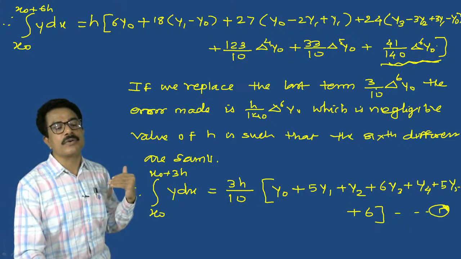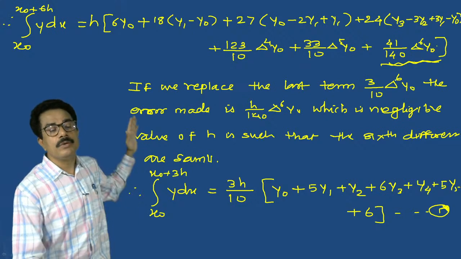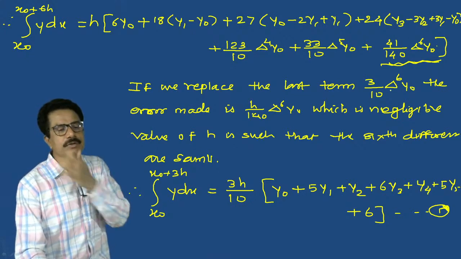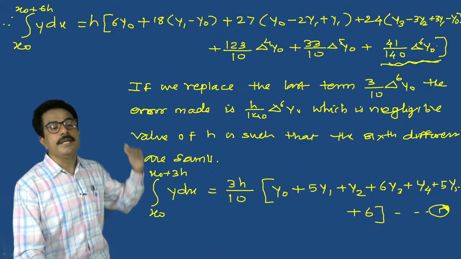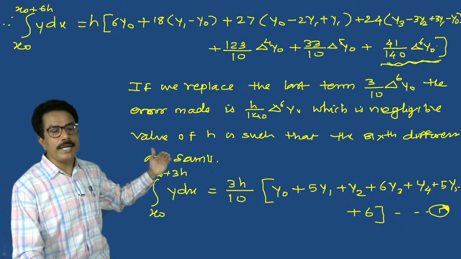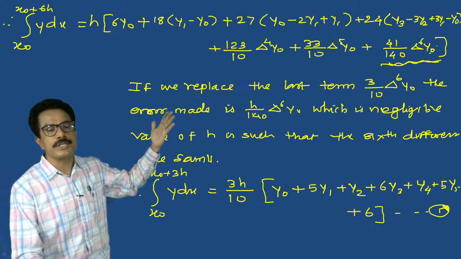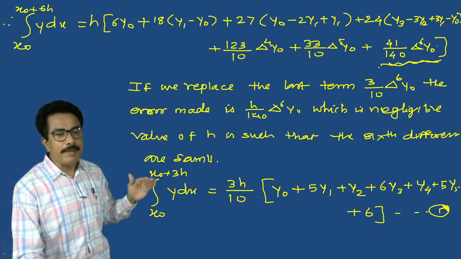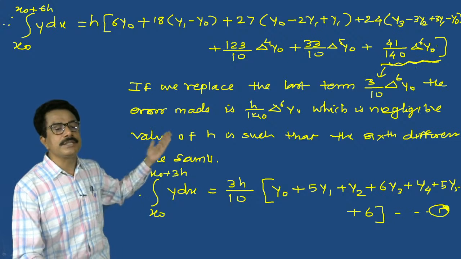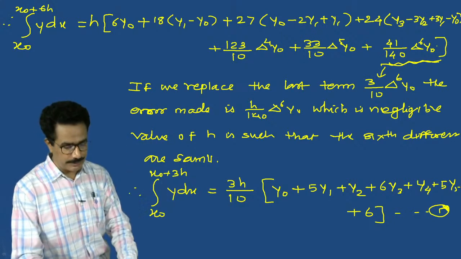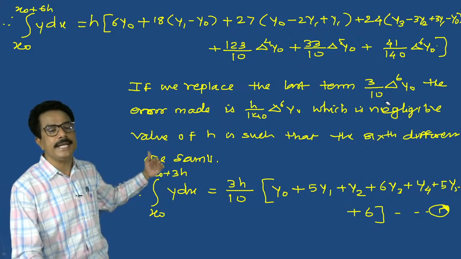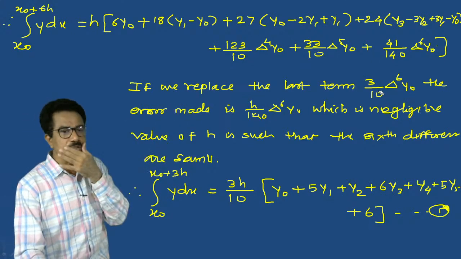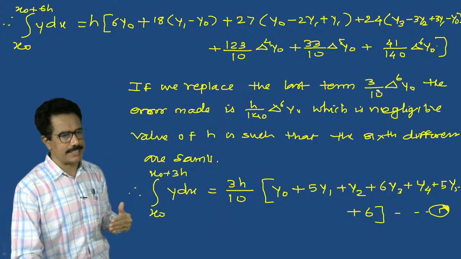Then we can take the common 3h by 10. ओव्हरऑल टर्म मधनं 3h by 10 कॉमन घेऊ शकतो, म्हणून इथं 3h by 10 रिप्लेस केली. 41 divided by 140 delta raised to 6 y0. We have replaced this by using 3 by 10 delta raised to 6, because it is possible to take the common 3h by 10 from all the terms up to the 6 differences.